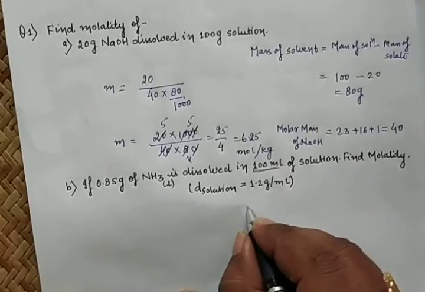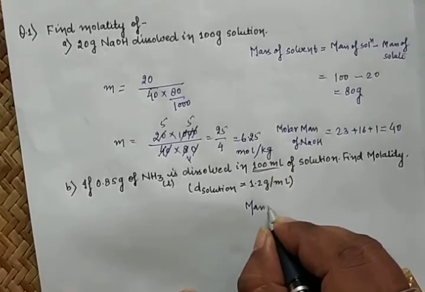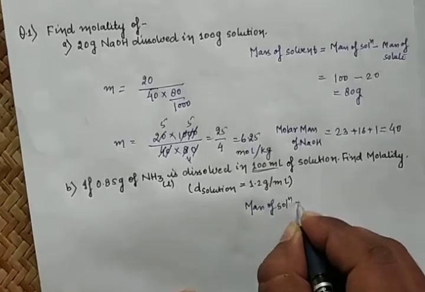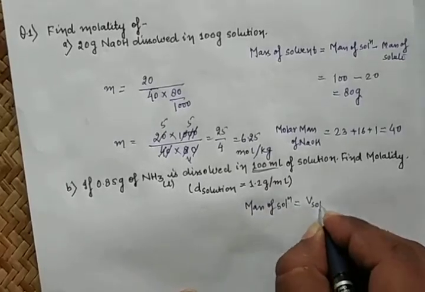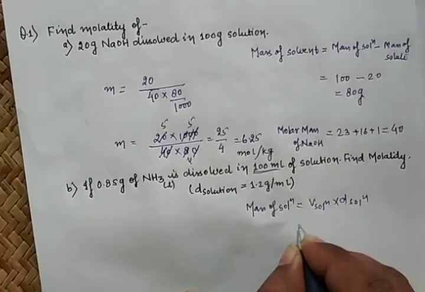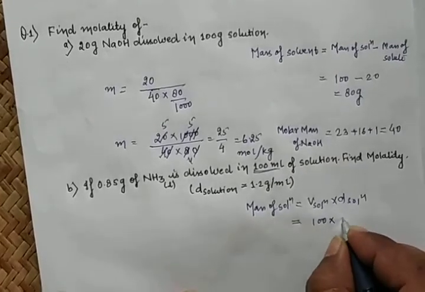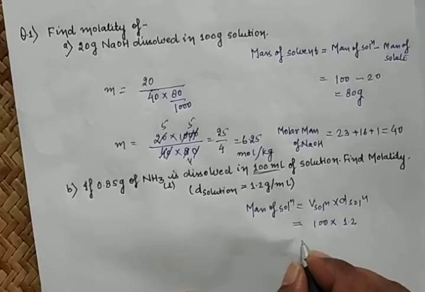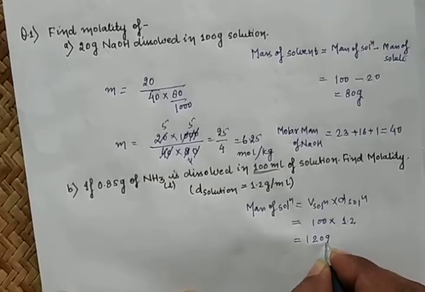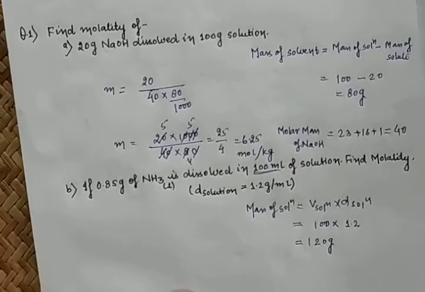First you convert: mass of solution is equal to volume of solution into density of solution. Volume of solution is 100 and density is 1.2, so that is 120 gram. This is the mass of solution.